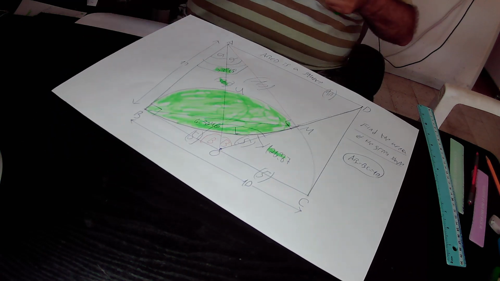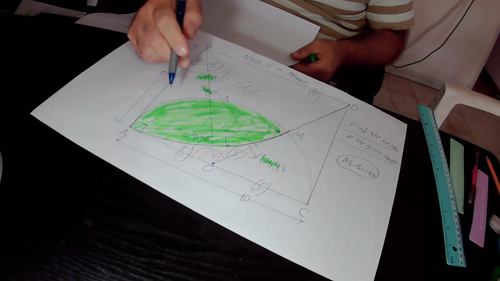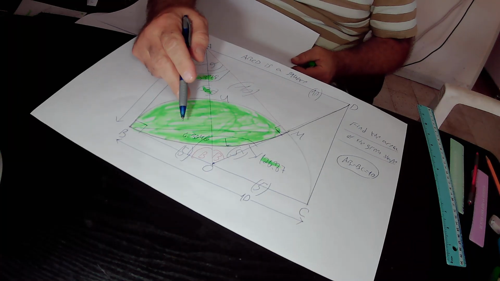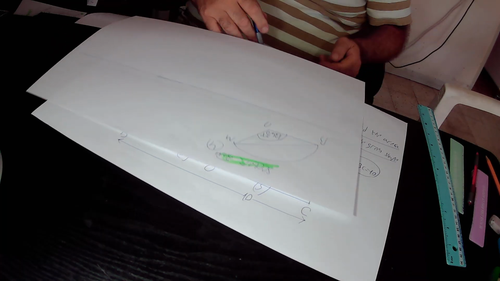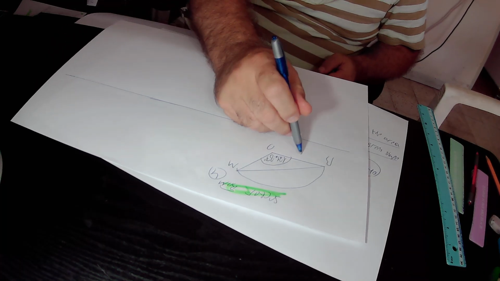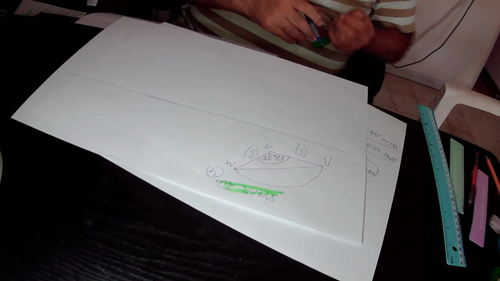The legs of the sector, OB and OM, are the radii of the semicircle, equal to 5. BO equals 5 and OM also equals 5.